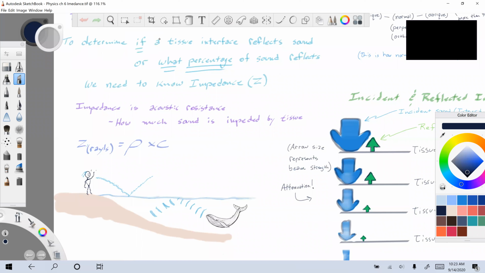Interestingly enough, light does the same thing. Light is a very different type of wave, but it's a wave just the same. And we can see critical angles of light. Maybe I'll find a video and attach it somehow, but it's an interesting video.